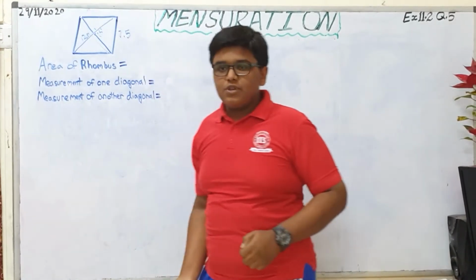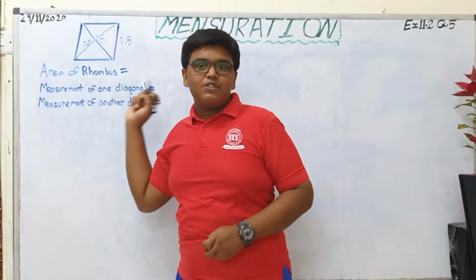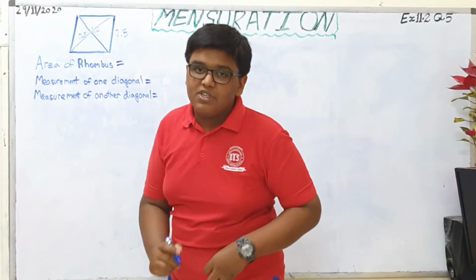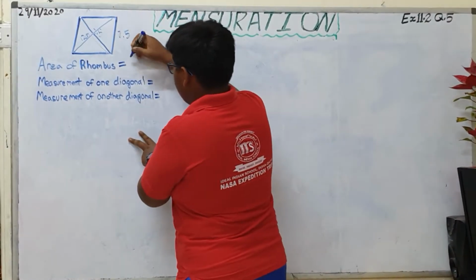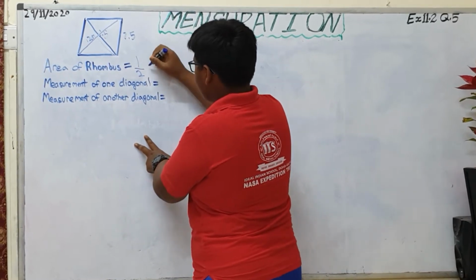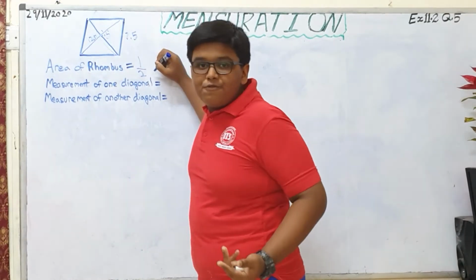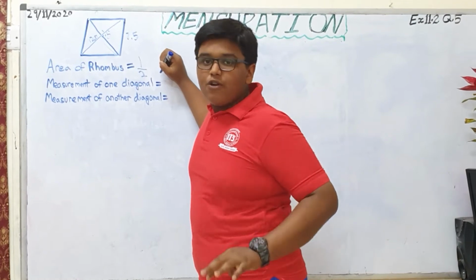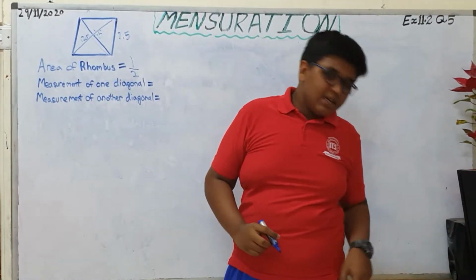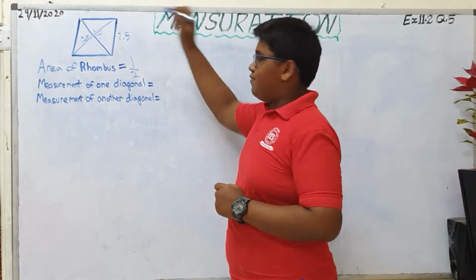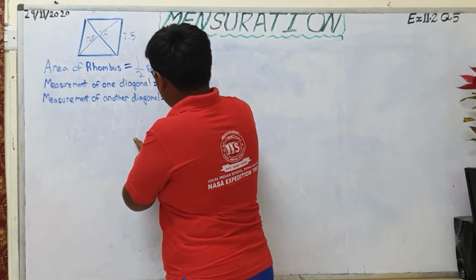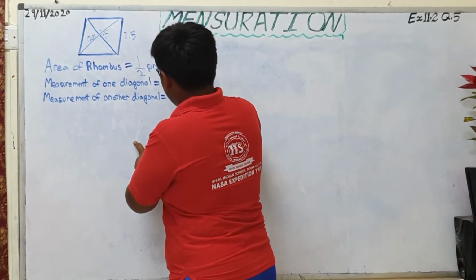Now what we have to do is find the area of the rhombus. Now what is the formula? The area of a rhombus is 1 by 2, which we can say half, into the product of the diagonals.